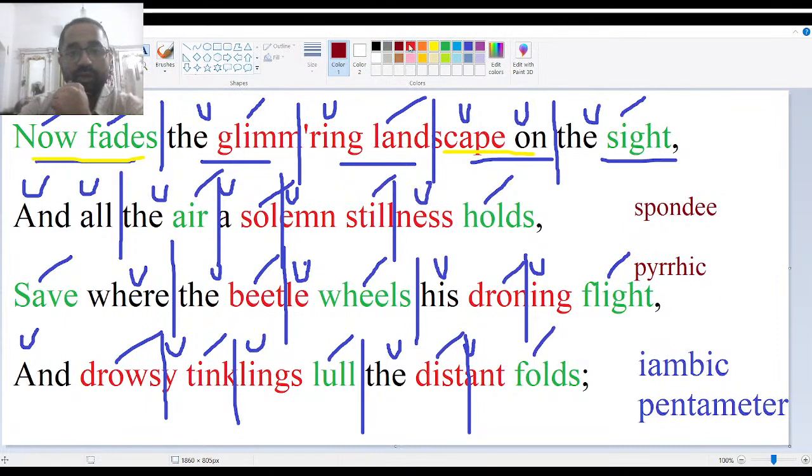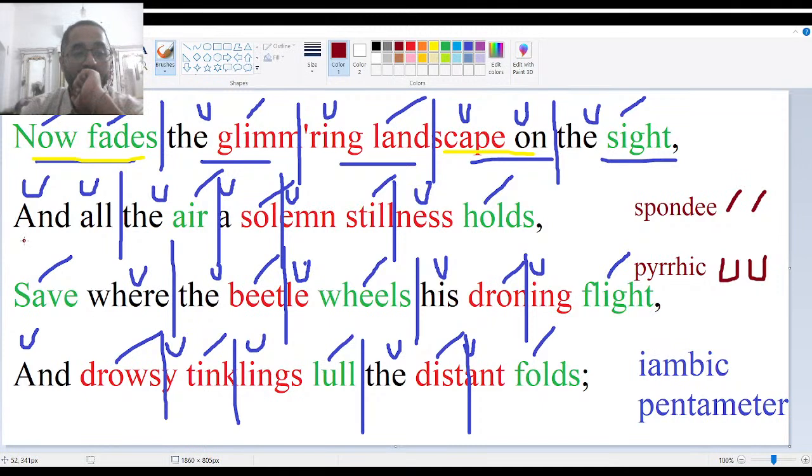What does a spondee look like? It looks like this: two stressed syllables. And a pyrrhic is just the opposite of that, two unstressed syllables. So the fourth foot is an example of a pyrrhic, the first foot is an example of a spondee.